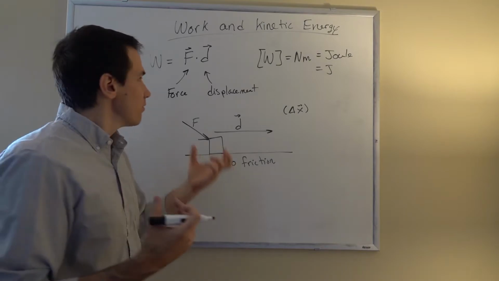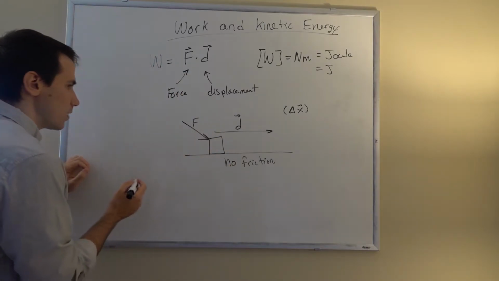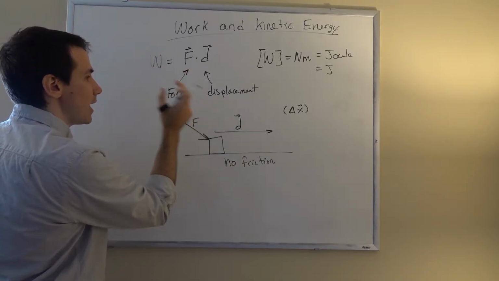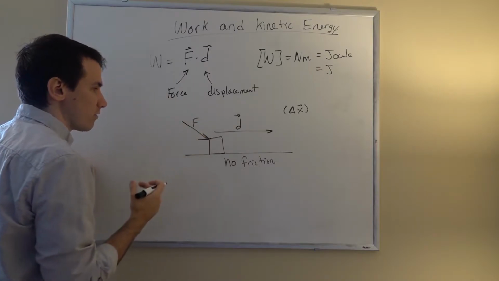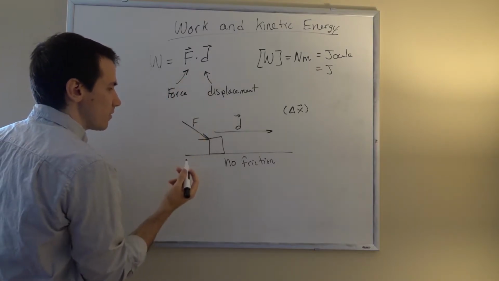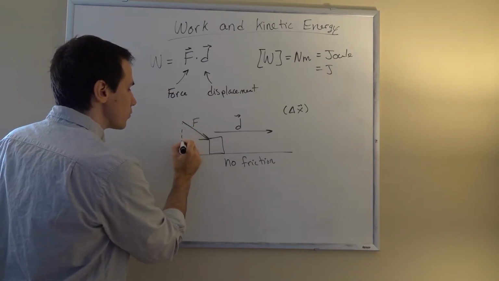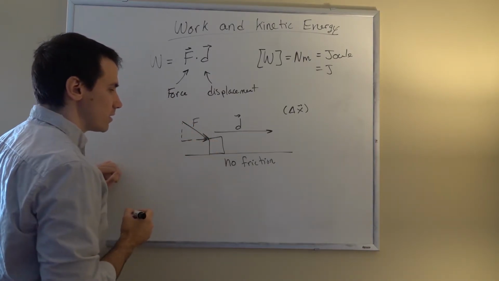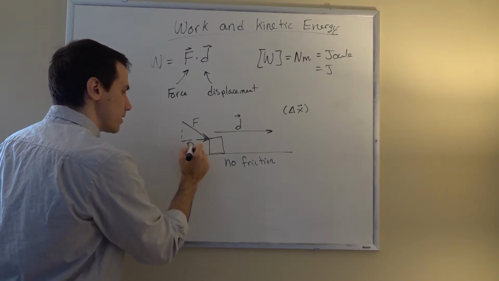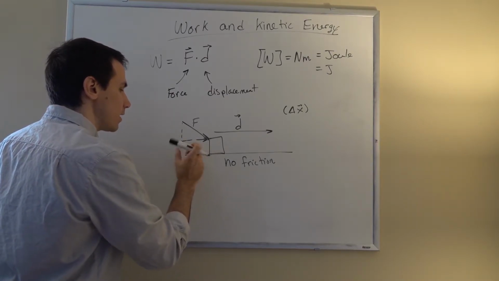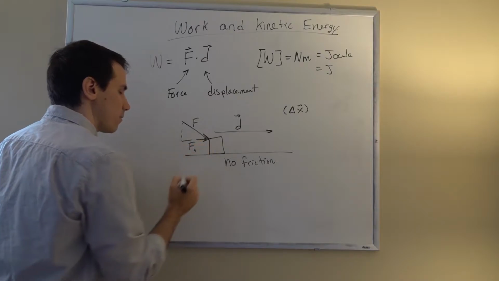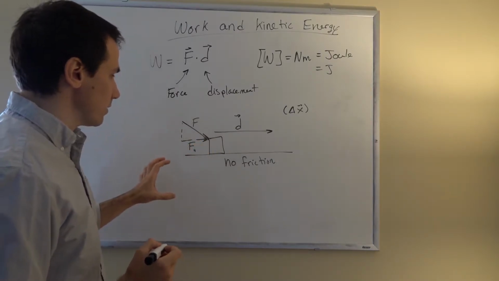Well, we know from how the dot product works that it takes the component of the force vector that is in the direction of the displacement vector. That is the F parallel vector.